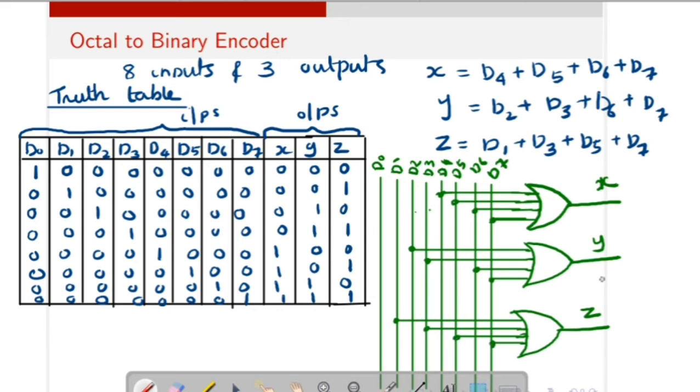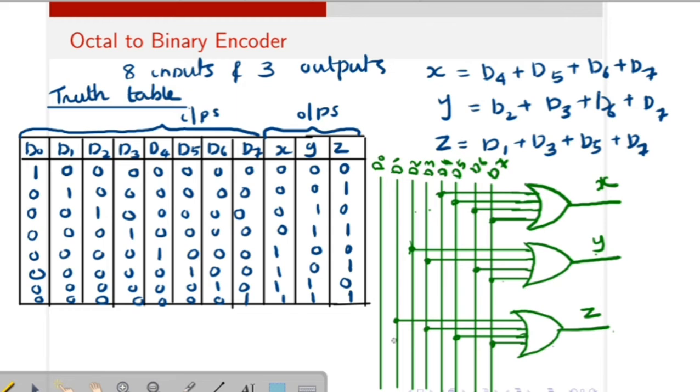Clear? So this is the logic circuit for the octal to binary encoder. For a particular input, only one line is active. Suppose D2 is active. When D2 is active, only the second OR gate is active.